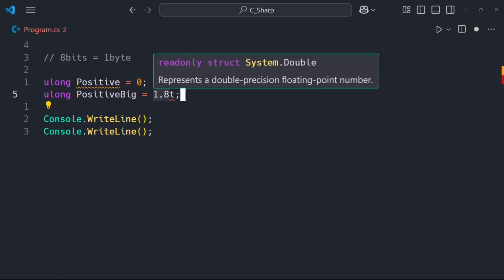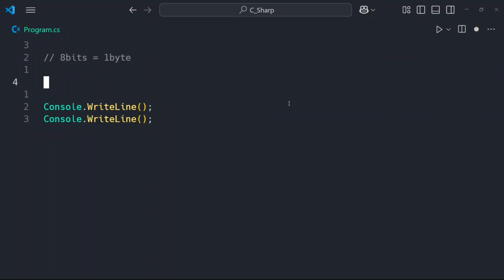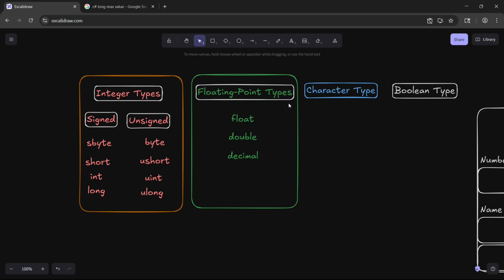If you look at signed and unsigned, they hold the same amount of memory. Like I said when I started this video, unsigned just holds only positive numbers.